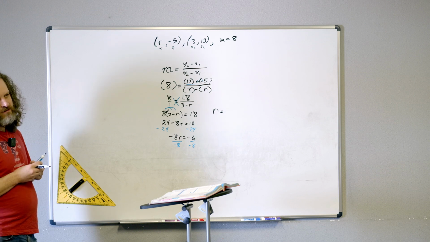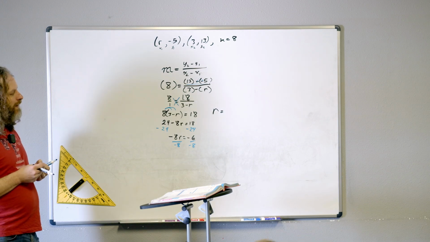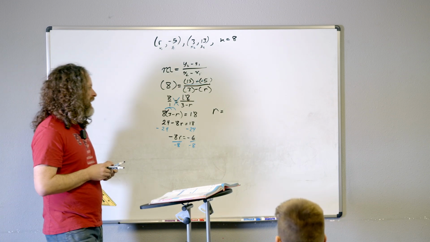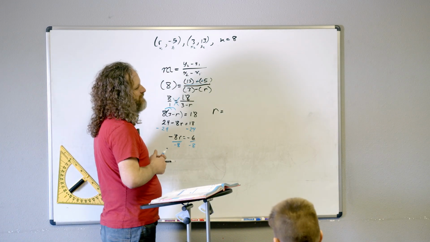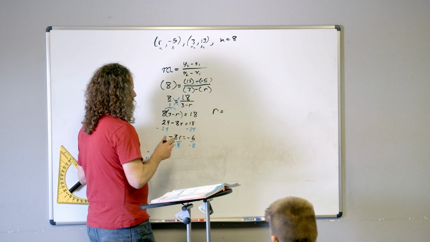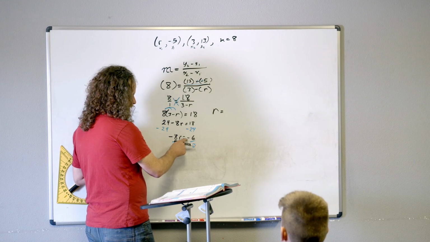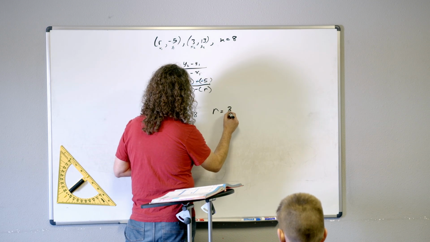Positive what? 14? No, we're not adding. We're dividing. 6 divided by 8. 2? No, not 2. Just kidding. 0.7... 3/4. -3/4? Positive. Negative divided by negative is positive. Positive 3/4.